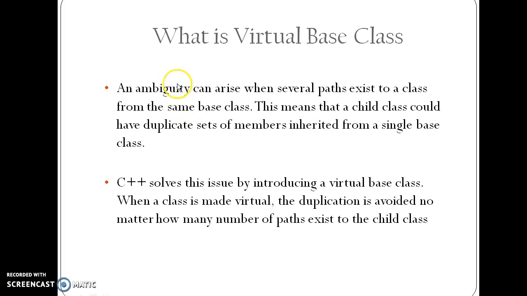It means ambiguity arises when there are several paths that exist to a class from the same base class. It means that a child class could have duplicate sets of members inherited from a single base class, and C++ gives the solution to avoid this situation, which is called the ambiguous situation, by introducing a virtual base class.